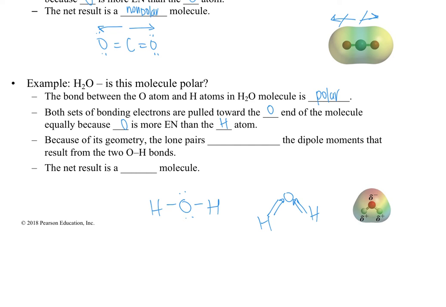But the lone pairs here mess up the symmetry, so those dipoles do not cancel out. So we end up getting a polar molecule.